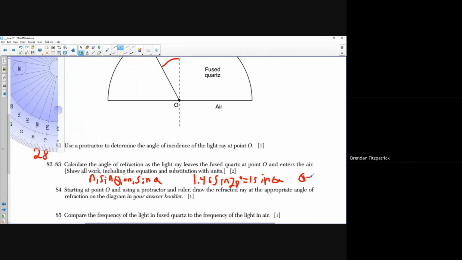So I'm just going to do 1.46 times the sine of 28. I was in radian mode. Good thing I checked. Got to be in degree mode. So I got 0.685, and I have to take the inverse sine of that to get theta as 43 degrees.